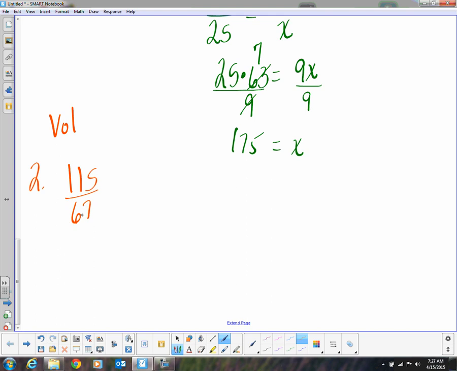That means nothing divides it. All right, so how do we go from volume to scale factor? So the scale factor is going to be the cube root of 115 over what? The cube root of what? 67. Why don't you all give me that?